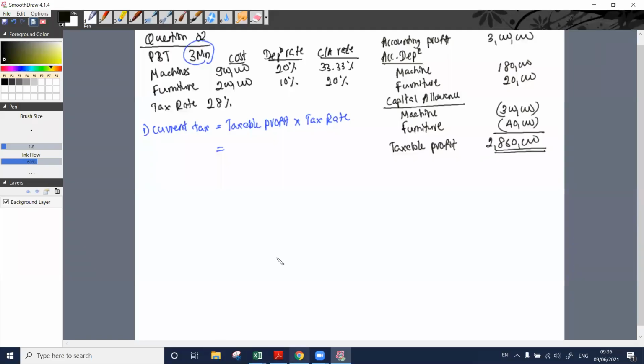If I am wrong, let me know. Taxable profit is 2,860,000. So this is what we need to consider when computing the current tax, right? Therefore, taxable profit is 2,860,000. The tax rate is given as 28%. Therefore, the current tax expense is how much?